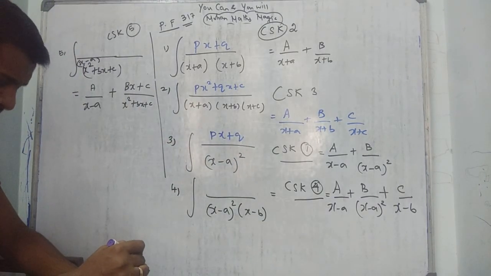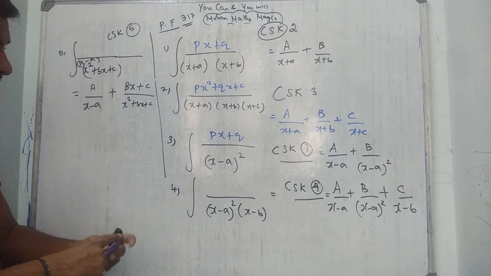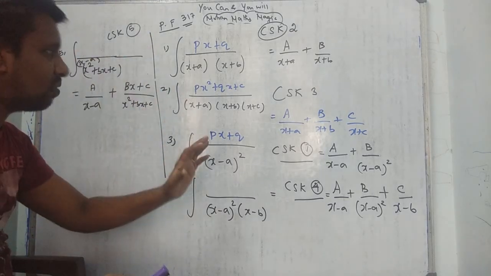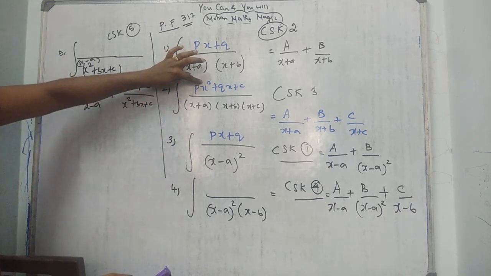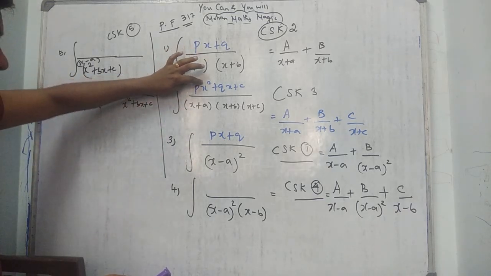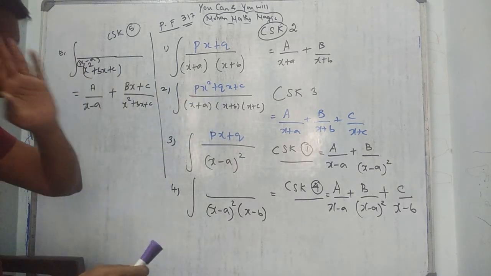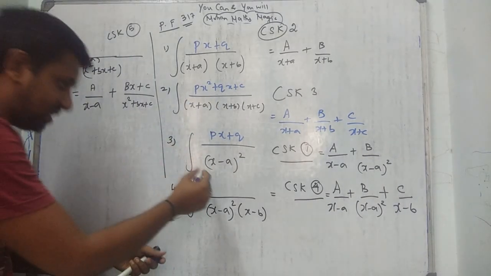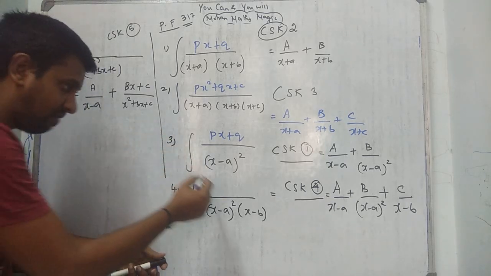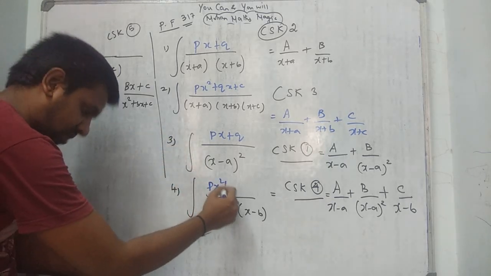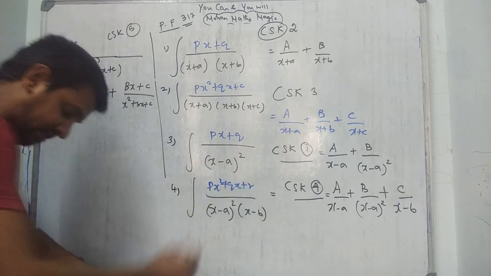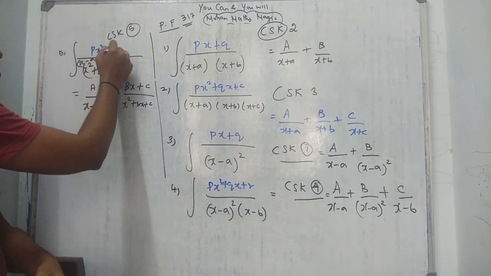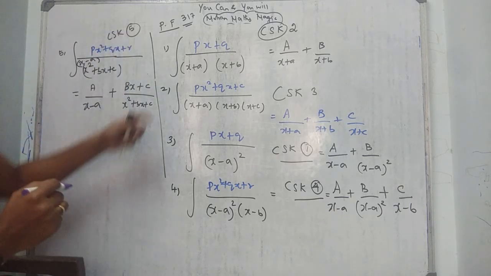My suggestion is don't worry, they will give you only a few sums. You have to check the numerator. If the numerator power is 2 then only you have to use it. Once you start to practice, you will get an idea of which one, case 1 or 2, you have to use. So px square plus qx plus r, and the fifth one again, numerator px square plus qx plus r. See here, a quadratic polynomial.